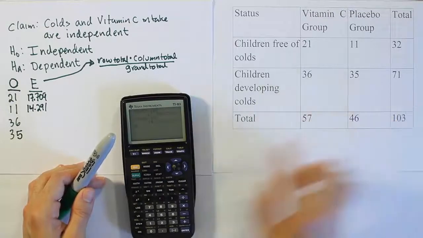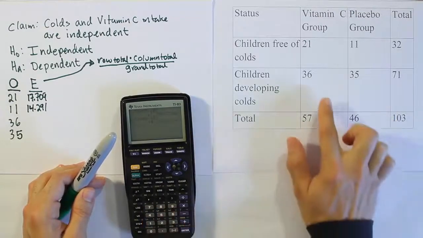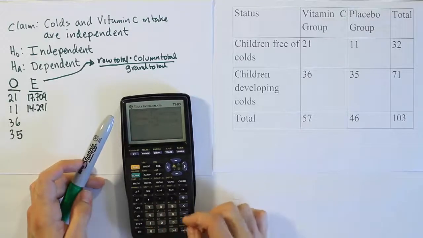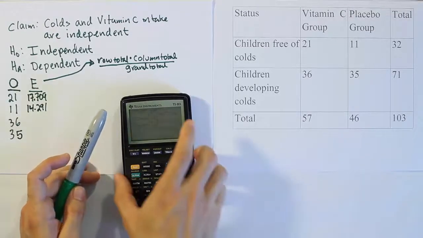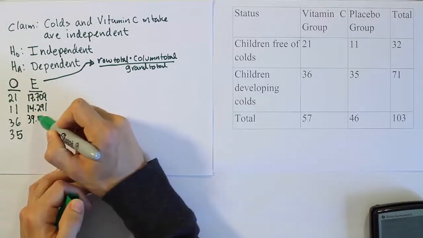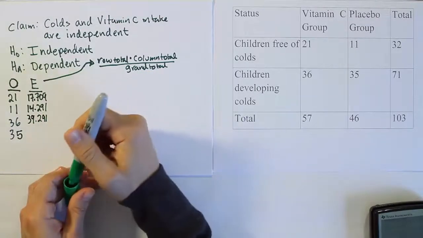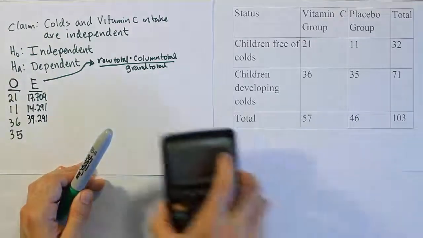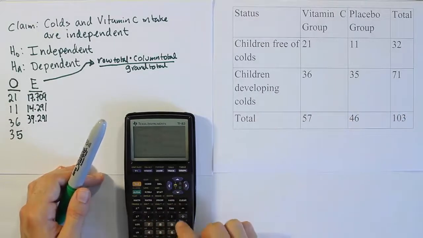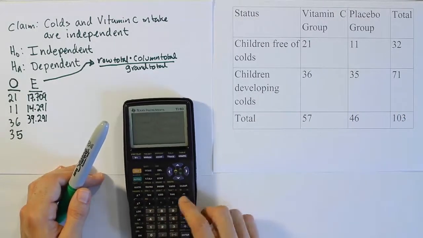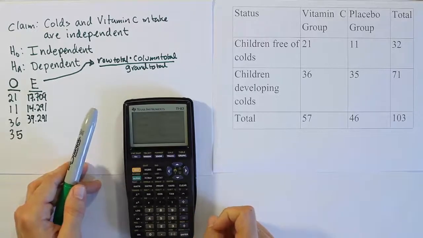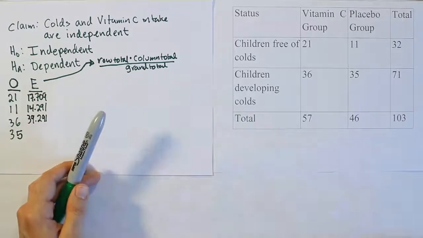The row total, 71, times the column total, 57, divided by 103, the grand total. 39.291. All right, and then finally last is the 35. The 35 is 71 times 46, divided by 103. And we get the answer 31.709.